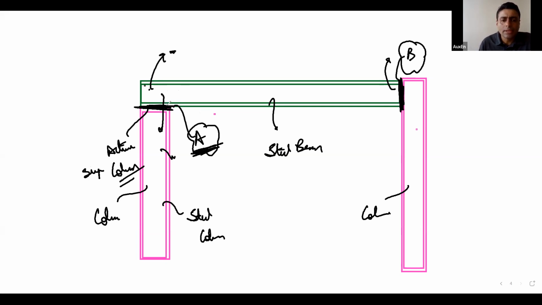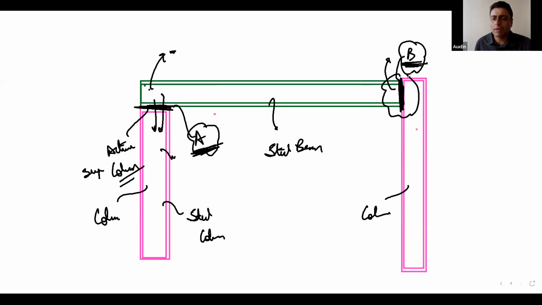Let's say it will not get the rotational support, but at least the vertical support it will continue to get. But if you look at this connection B between the beam and column, it is completely dependent on the working of this connection B.